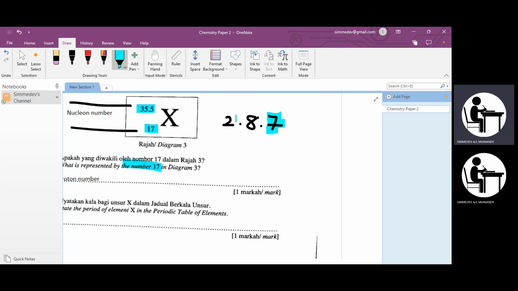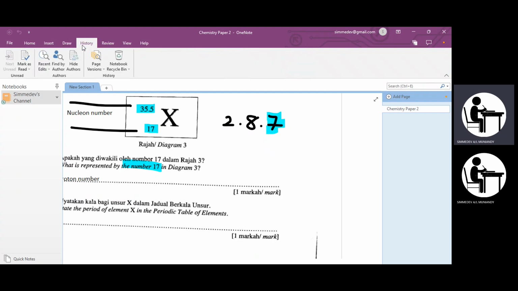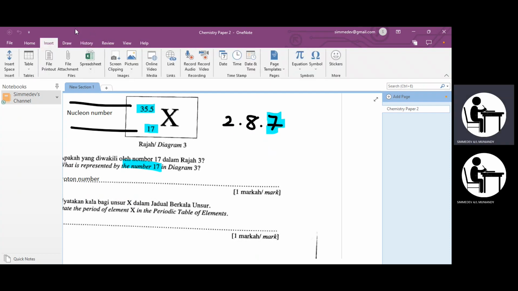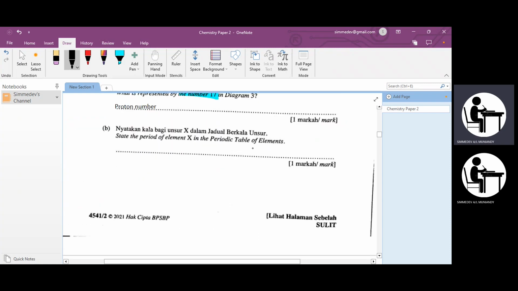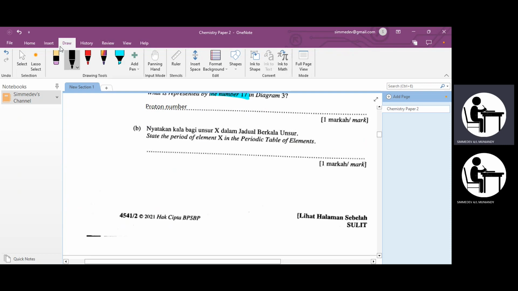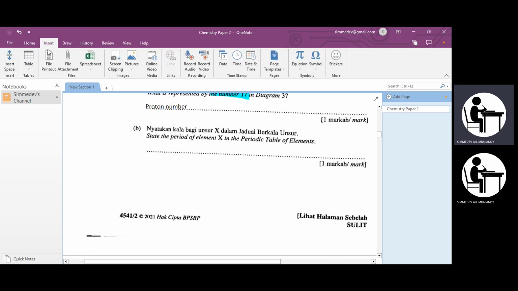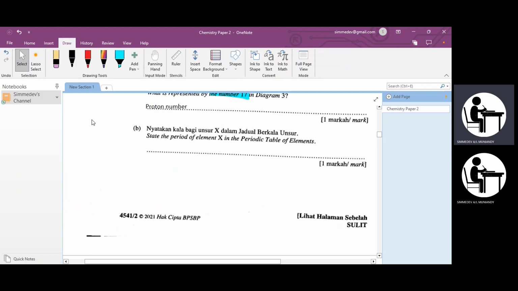This is group 17, and the number of shells, I hope you could see my cursor, the number of shells are 1, 2, and 3. So the number of shells shows the period of the element. So over here, since it has 3 shells, the period will be 3.